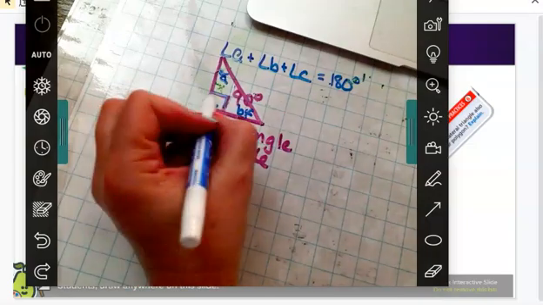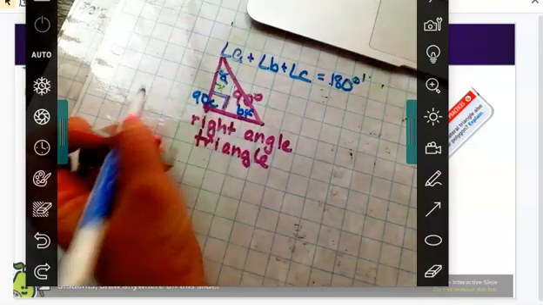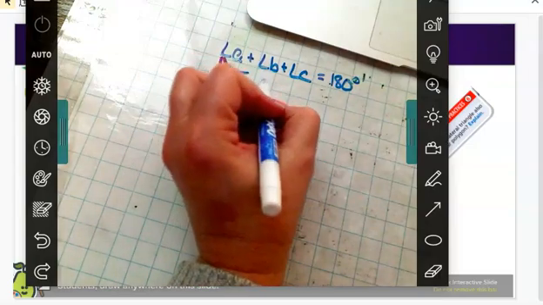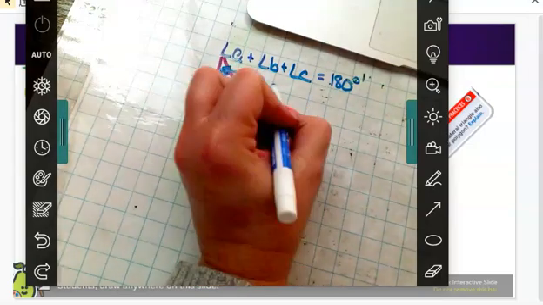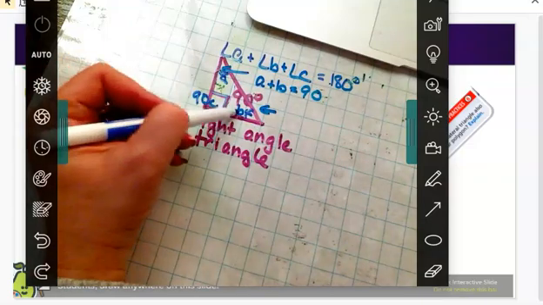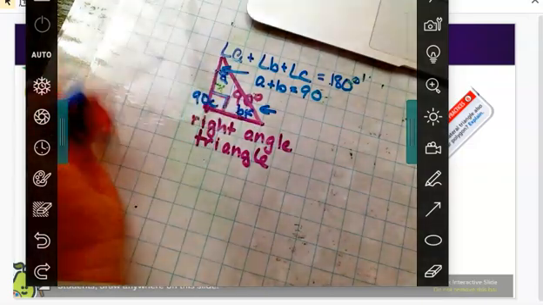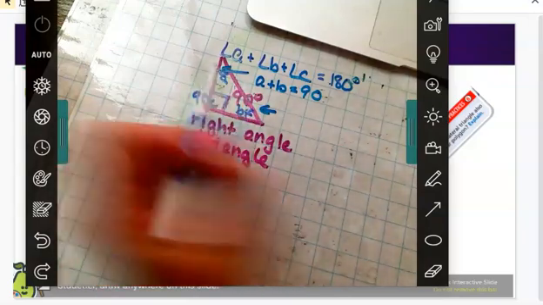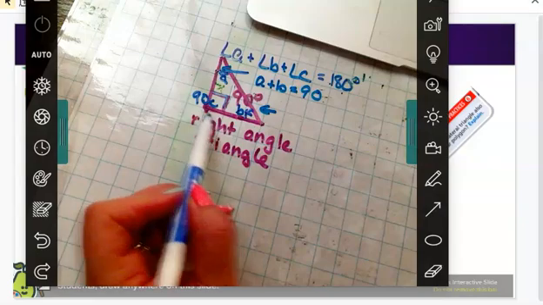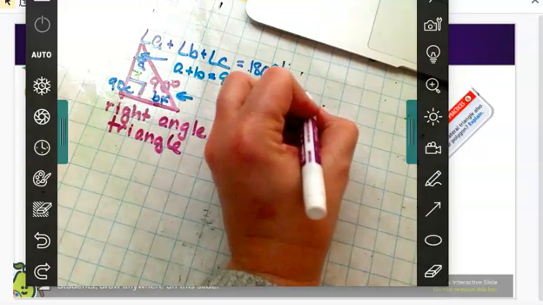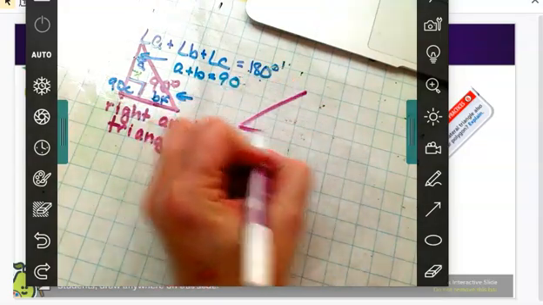So in this case, this is 90 degrees, which leaves this angle and this angle to come together and make 90 degrees somehow. So it could be 45, 45, it could be 30, 60, but every triangle, the angles inside of it add up to 180. So when you see that square, that's a right angle, and that's something you're going to need to memorize.